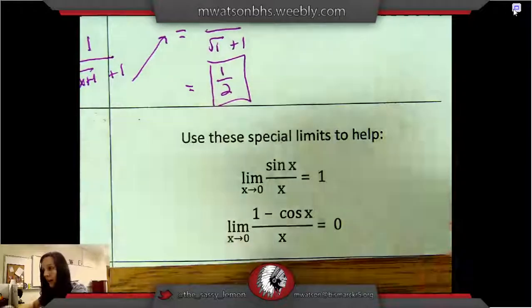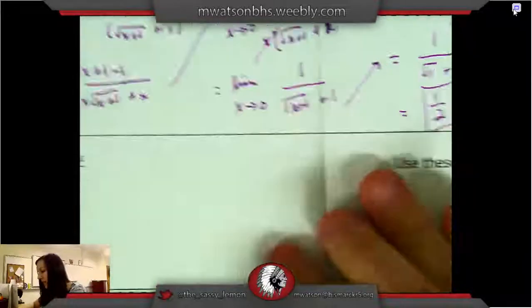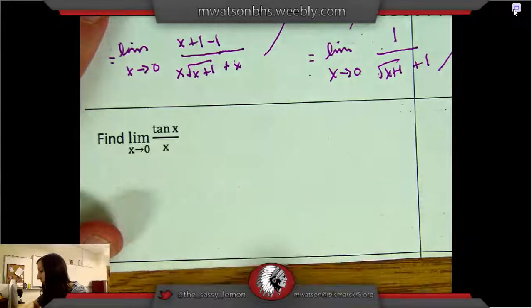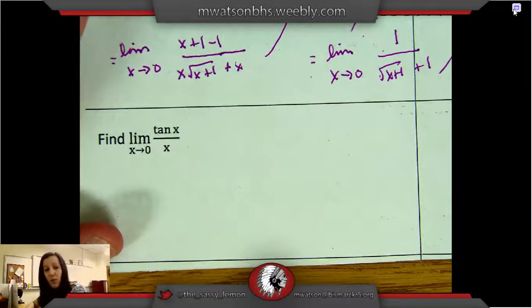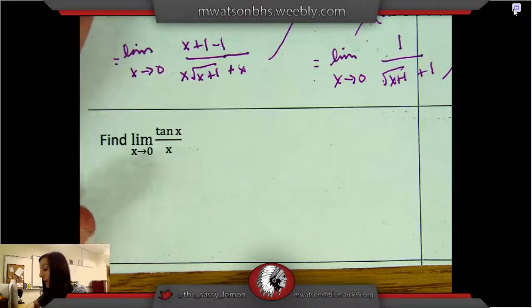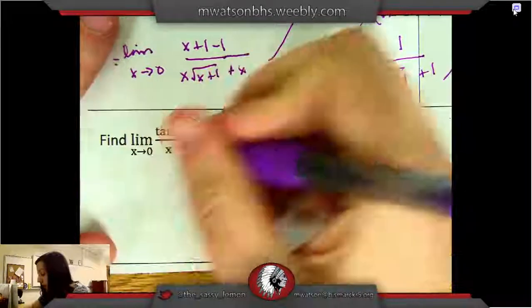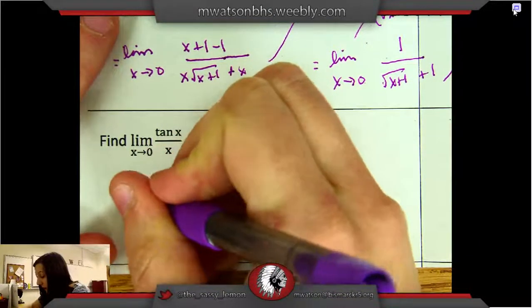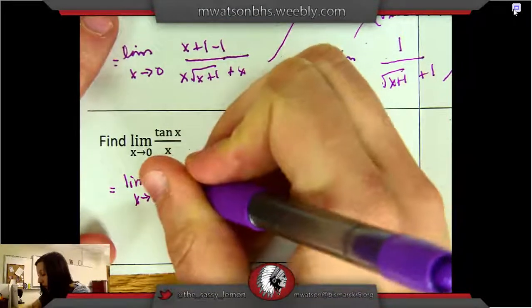And you'll see why that's useful in just a moment. So, how can we turn tangent into a sine or a 1 minus cosine? Well, the 1 minus cosine is a little far-fetched, but we do know that tangent is equal to sine over cosine.